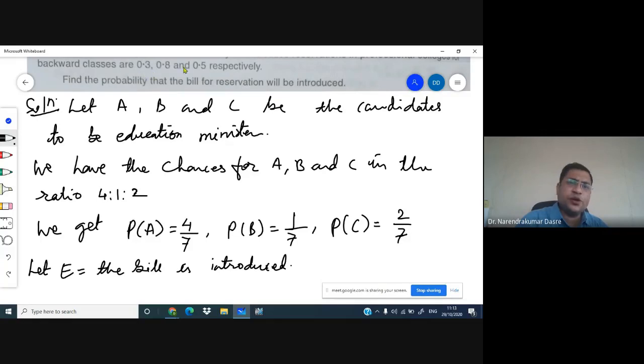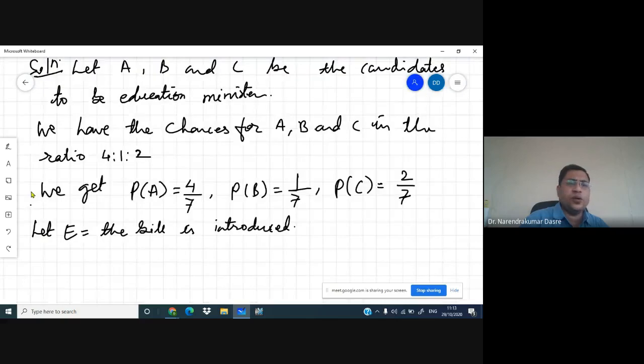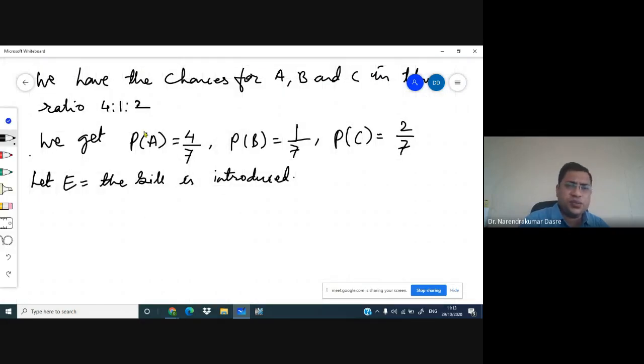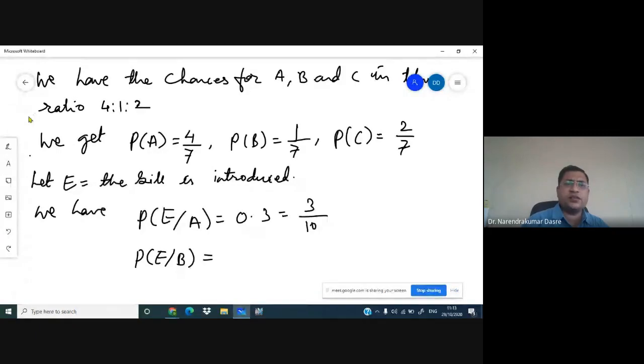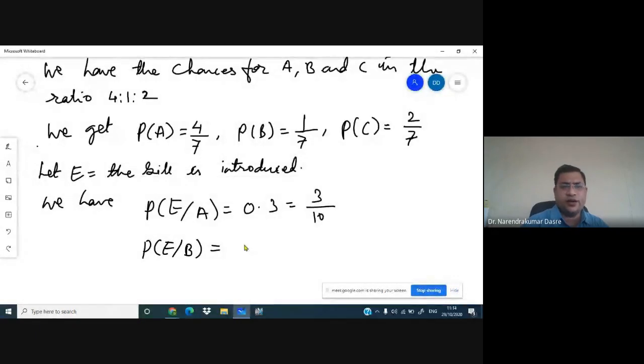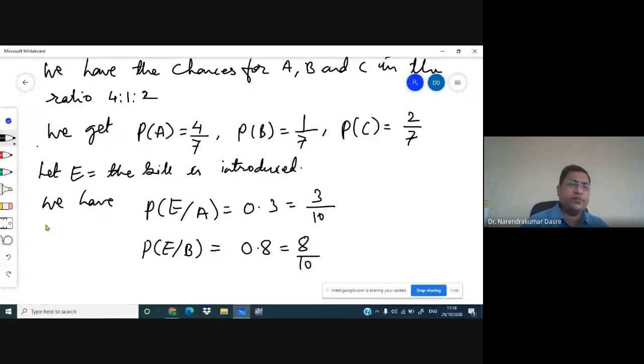Now, what are the chances? 0.3, 0.8, and 0.5. So what will happen if A becomes the education minister? Then the probability that the bill is introduced if A becomes the education minister is 0.3, and that's 3 by 10. The probability that the bill is introduced when B becomes the education minister is 0.8, which is 8 by 10.